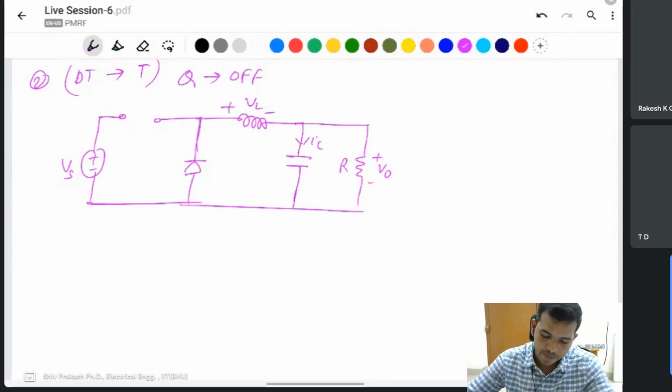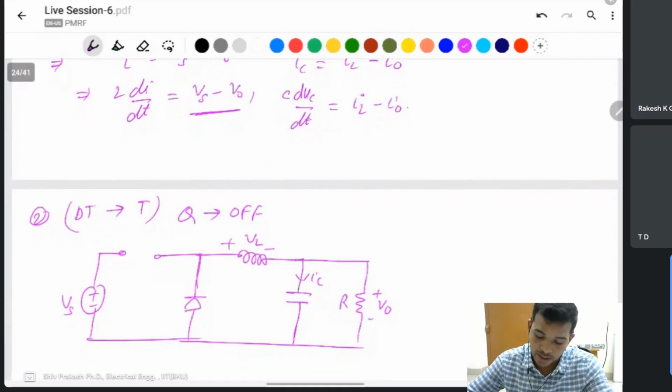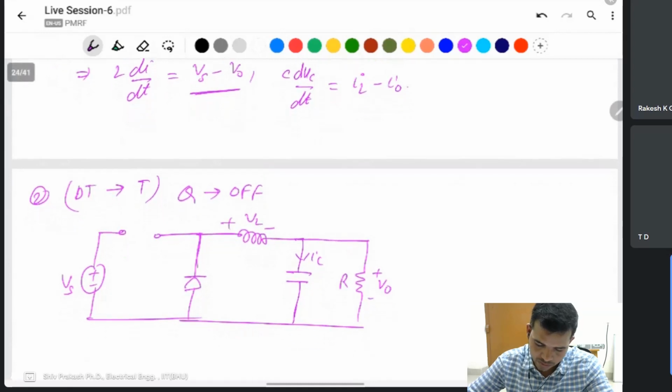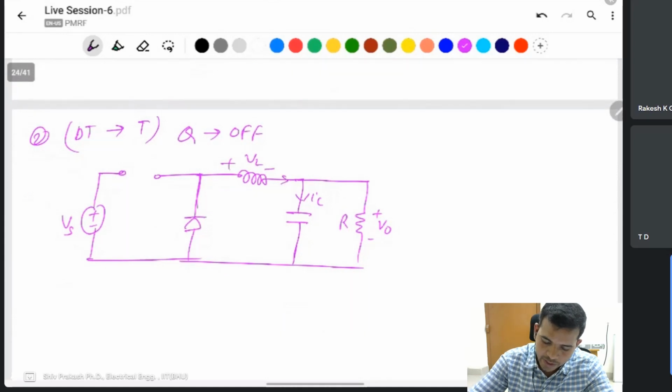In the first condition, Vs minus V naught is the inductor voltage. But the current flows like this, so like this.